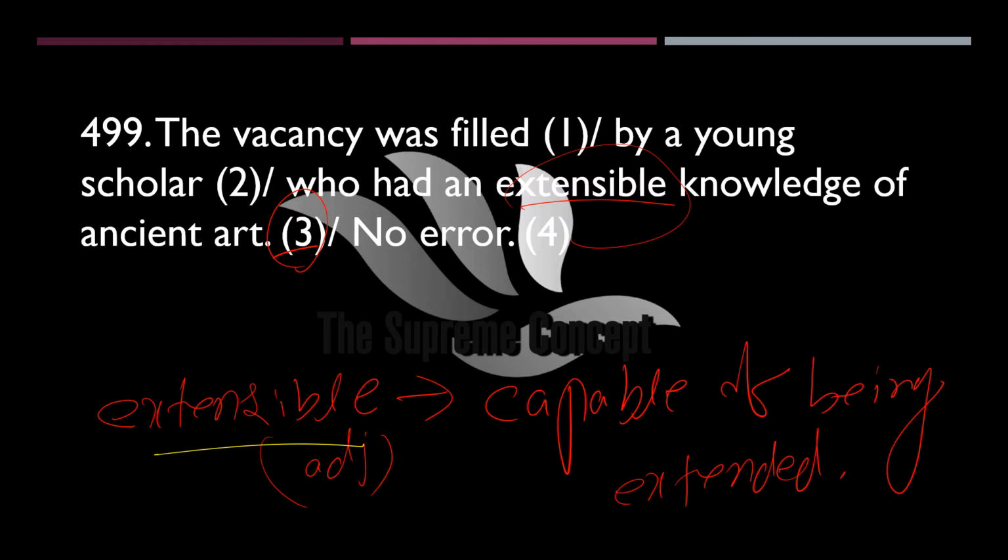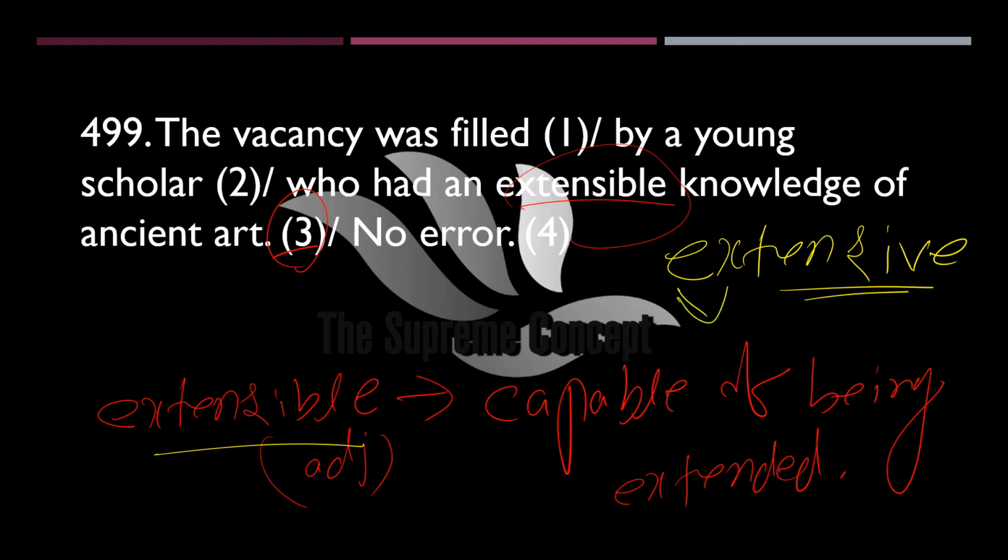Extensive is the same adjective form, but its meaning is quite different. So here we will use extensive. Extensive shows thorough, or having a wide range of information: thorough knowledge, extensive knowledge.